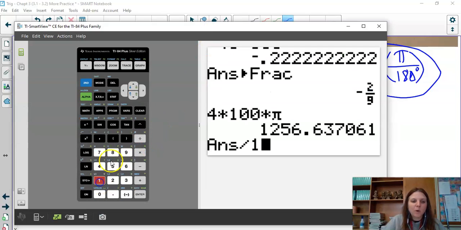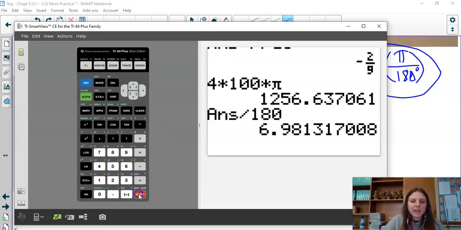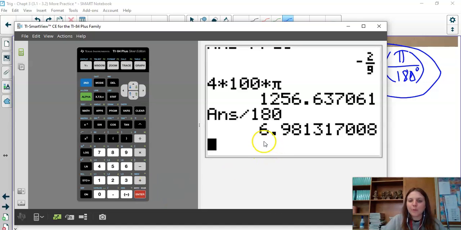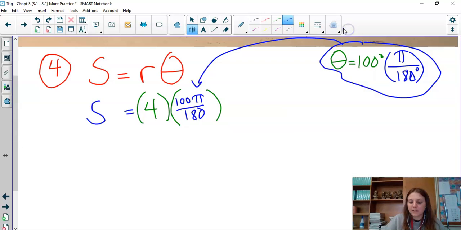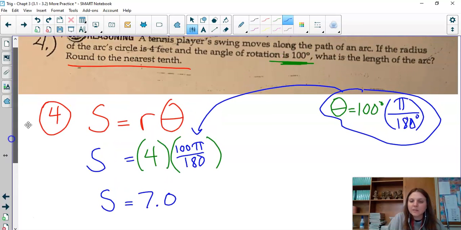It says to round to the nearest tenth. The problem with this one is 6.98 would round up, so it would be 7.0. So 7.0 would be your nearest tenths place. So the arc length equals 7.0, and in this case, the label would be feet.